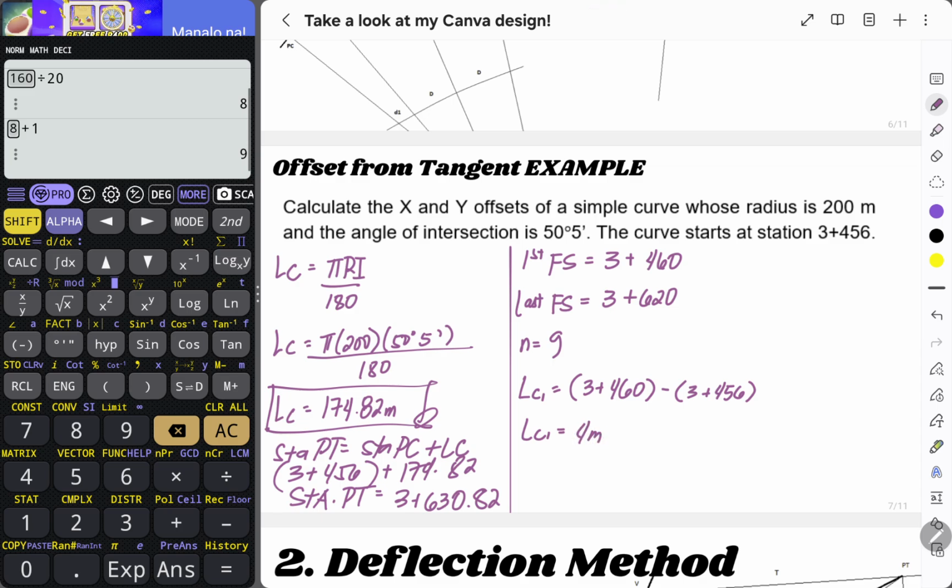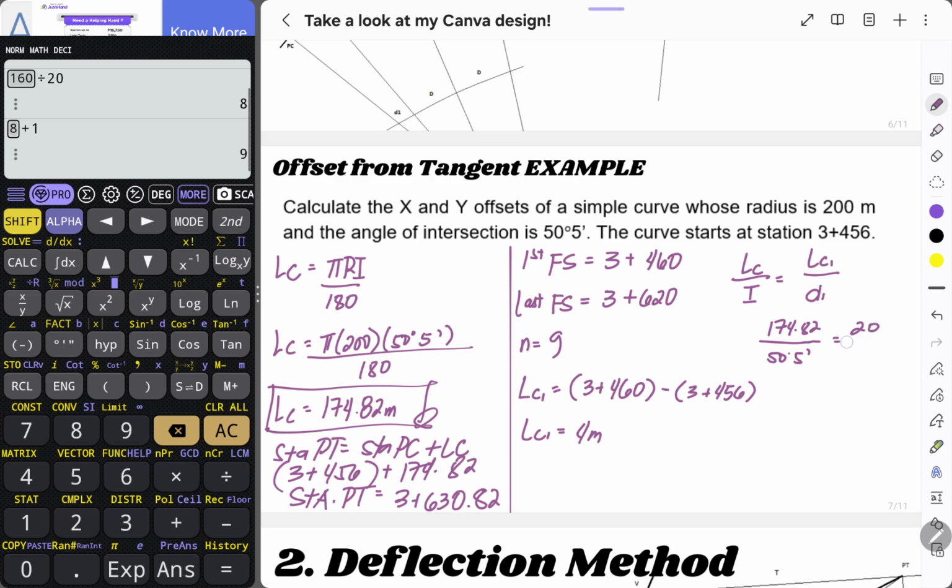So, after ng LC1 po natin, we're going to solve for the value of our D1. So, sa mga formula ng simple curve, ano yung formula na may D1? So, di ba si LC all over I is equal kay LC1 all over D1. Alright. So, LC1 natin is 174.82 all over 50 and 5.